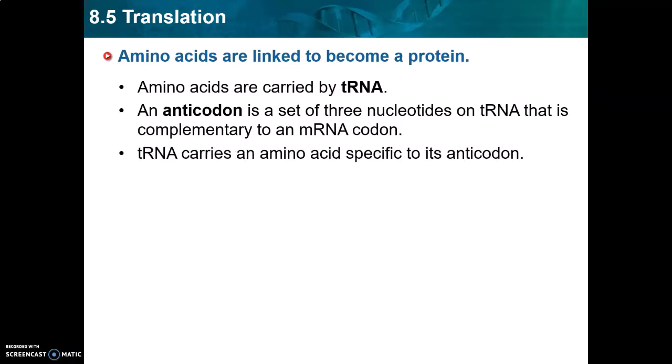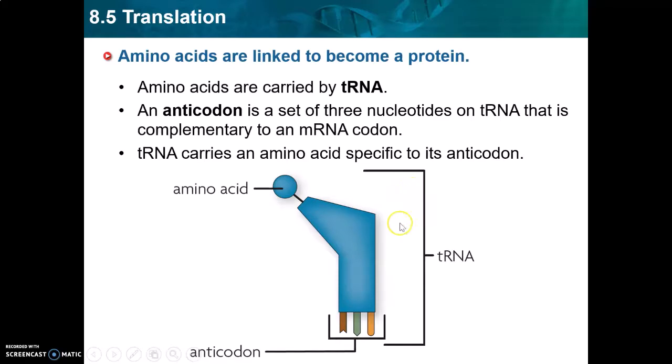Now, the job of tRNA, the T stands for transfer, so it transfers or carries an amino acid on the end of it, and that amino acid is specific to the anticodon. Well, what does that mean? That means whatever these 3 bases are down here are going to determine what amino acid is being carried at the top.